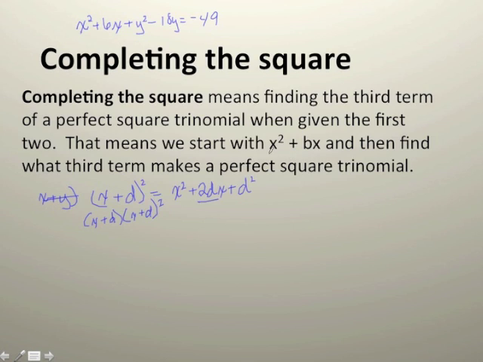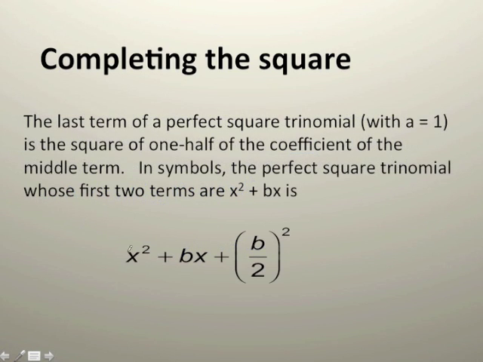So if we start with x squared plus bx, we want to find the last term. The bx is my 2dx, and we want to find the d squared.